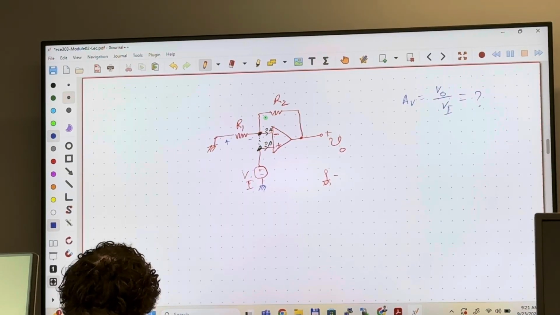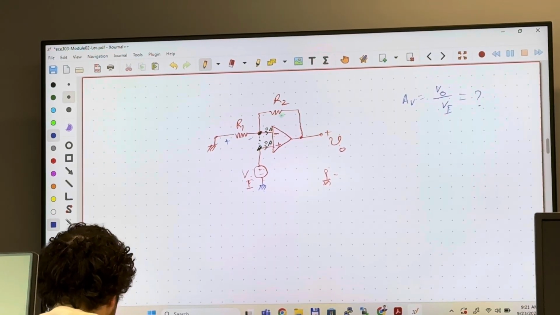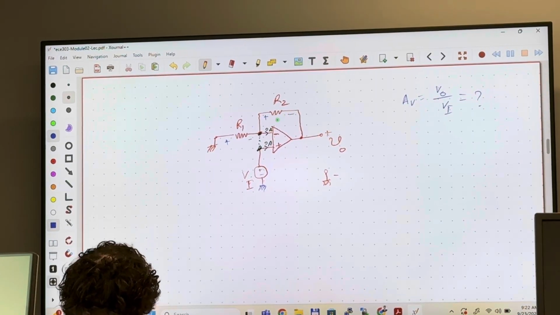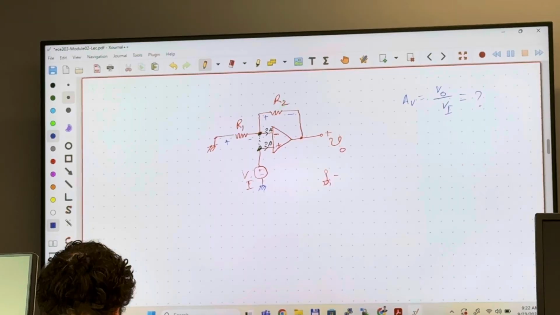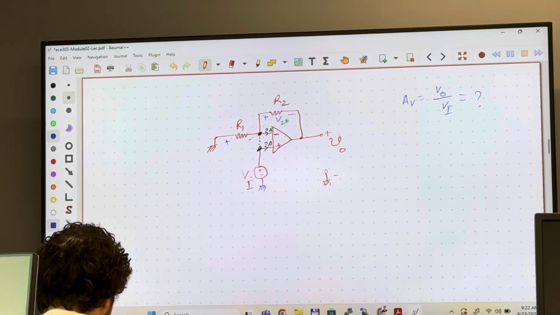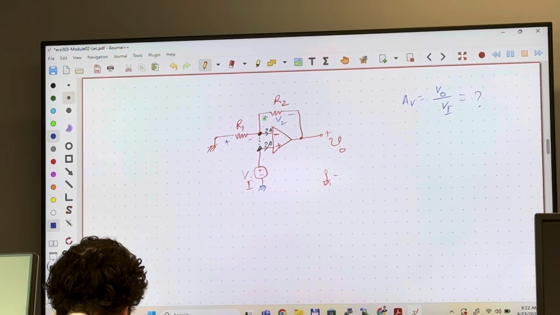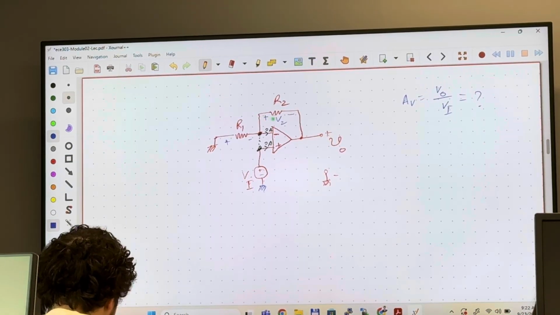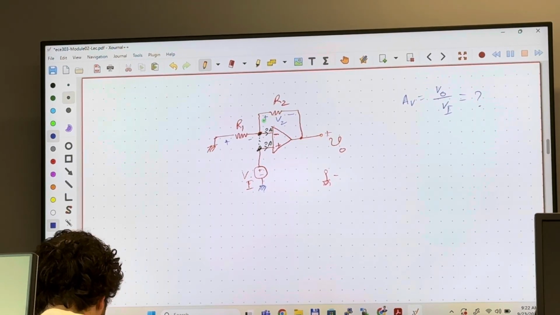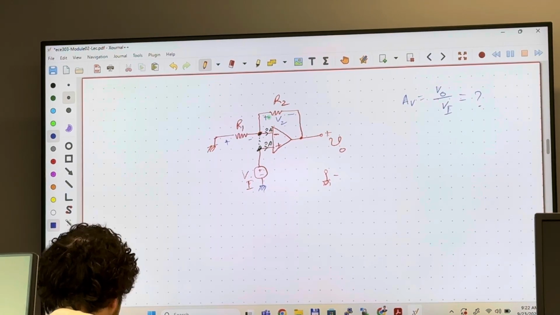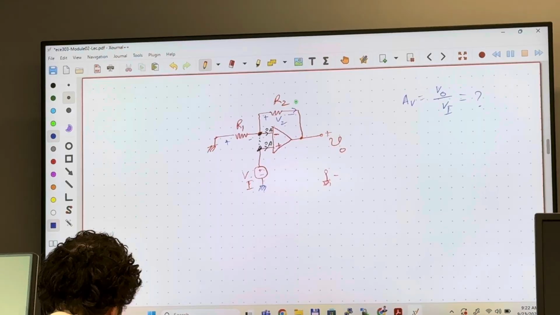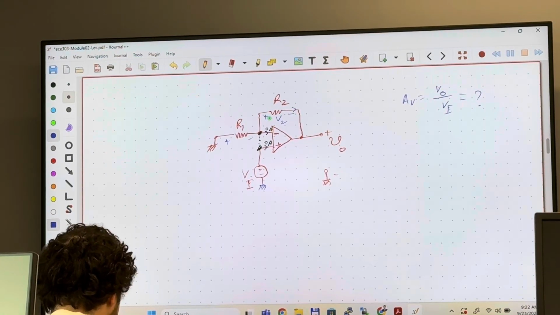And here, how do you want to put it? Positive here, negative here. So I'm giving positive here, negative here, which means the voltage drop across R2 is going to be V2. Because I put this reference polarity like that, the current will go in this direction according to this reference polarity.